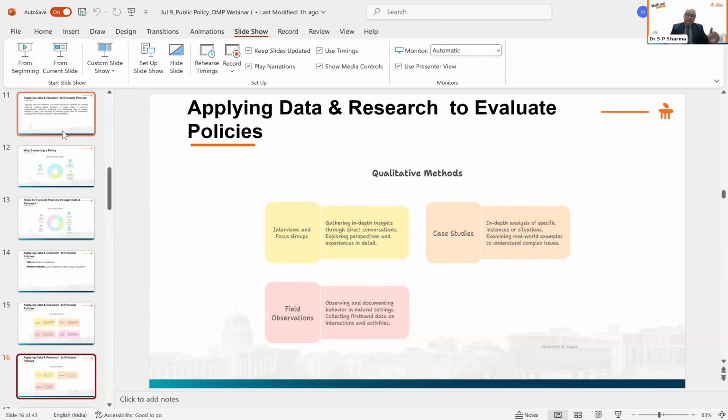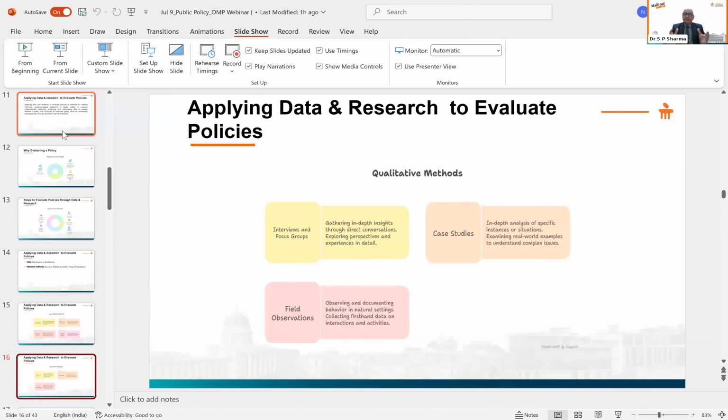Then I will interview some set of people from the different segments, like the MSMEs in services, or MSMEs in manufacturing, or MSMEs with global exposure, like some MSMEs are exporters also, or MSMEs in the domestic scenario. So I will interview different people from the different segments, and try to know about the impact of that reduction in repo rate on the trajectory of the MSMEs. Then all these are the field surveys, actually field observations.